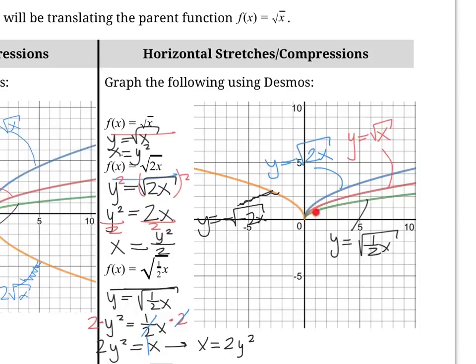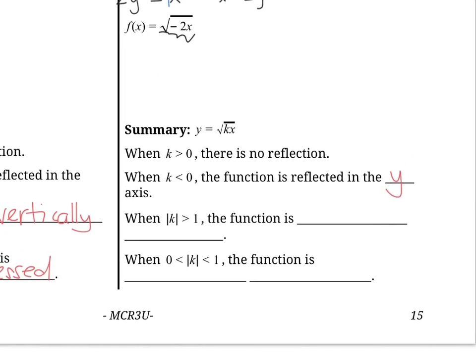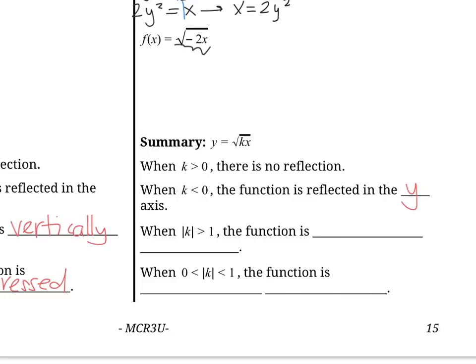And so we have to look, compared to this red graph, what happened to the blue graph? Well, all those x values actually shrunk. They got smaller. So this is called a horizontal compression. So let's fill that in below. When our absolute value of k is greater than 1, the function is horizontally compressed.